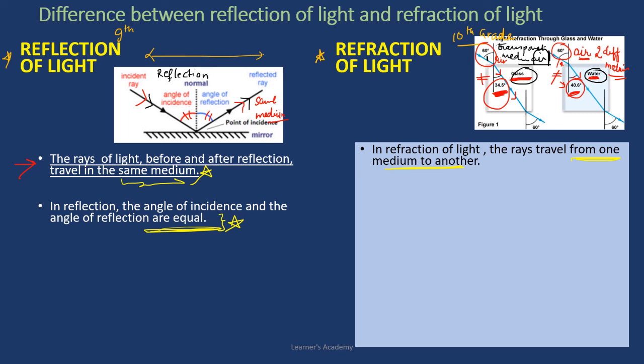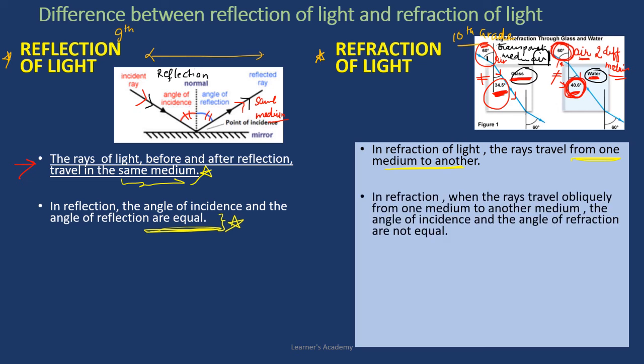In figure 2, you can see the angle of incidence is 60 degree in case of water, when the medium is water and air, and the angle of refraction is 40.6 degree. So there is a difference in refraction. When the rays travel obliquely from one medium to another medium, the angle of incidence and the angle of refraction are not equal. That is the second point.